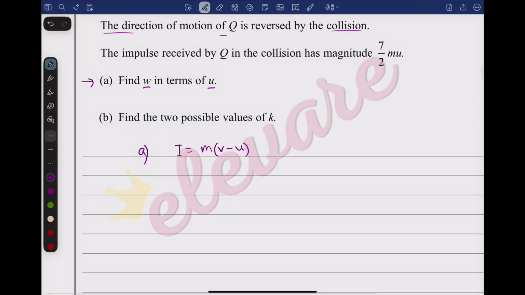Now, one thing you have to take care of when you use this equation, impulse equal to m times v minus u, is that you have to consider a certain direction as positive. Why, you may ask? Well, it's because impulse and the velocities that you see in this equation, the final velocity and the initial velocity, are vector quantities, right? And vector quantities always have a specific direction, and we have to take care of that.